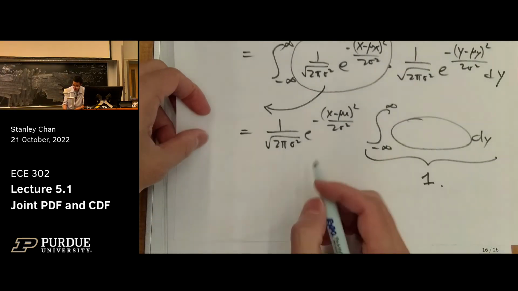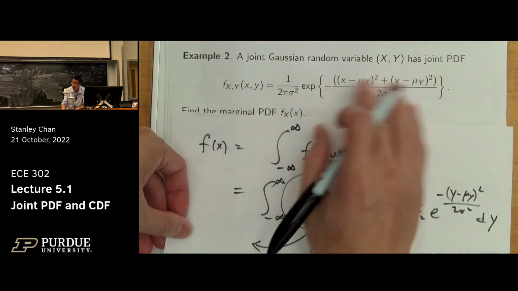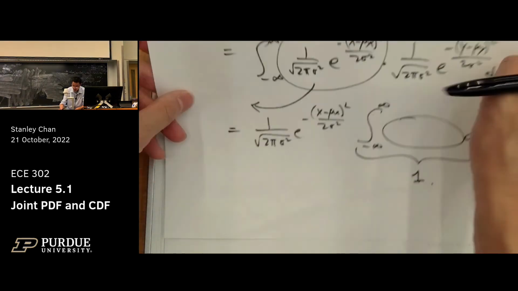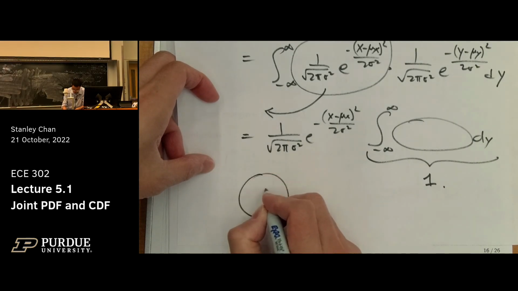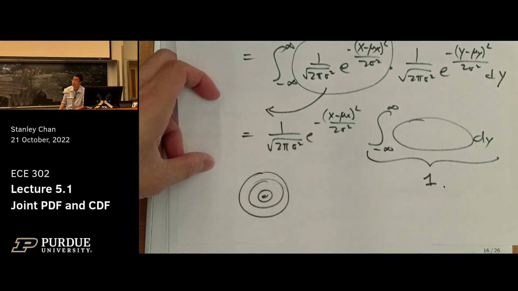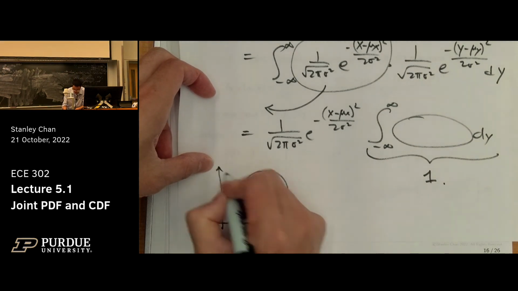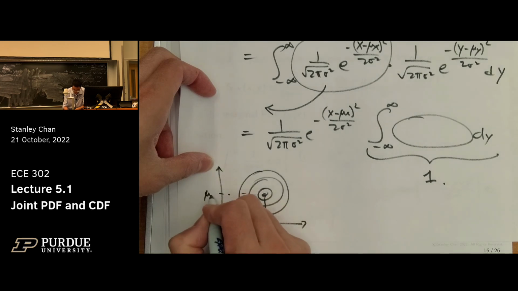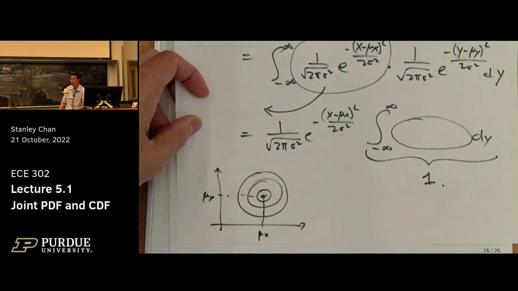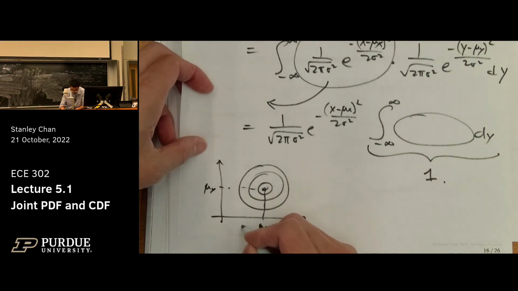And let me explain to you why pictorially this is true. If you have a joint distribution like this, the shape of your Gaussian will just be a circle. The center will be mu x and mu y. And now I ask you, what is the marginal distribution f_X? Well, you put an eye here.